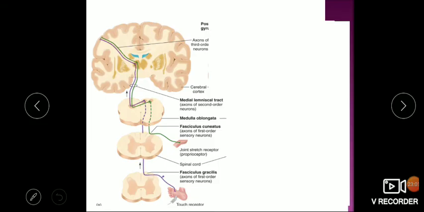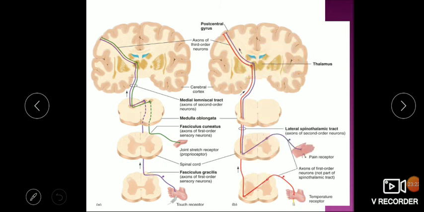Here you can see in this diagram from your textbook, the touch sensation going uncrossed up to the medulla oblongata, from here crossing to the opposite side, going up to the thalamus, and from here going up to the sensory cortex. So this is the dorsal column tract. Here you can see the other tract arising from here, ending, making synapse.